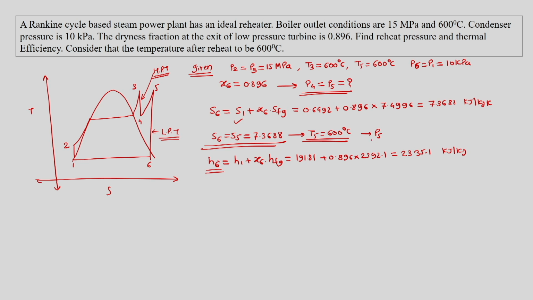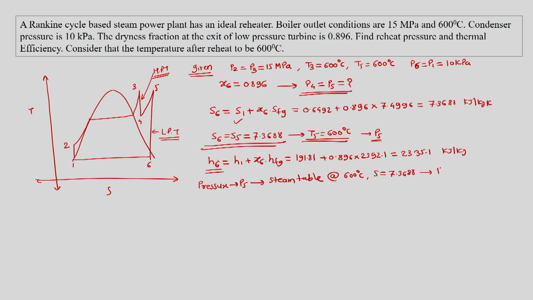However, we would have to go, as suggested, to the steam table. So pressure P5 can be found out from the steam table at 600 degrees Celsius and S equal to 7.3688.